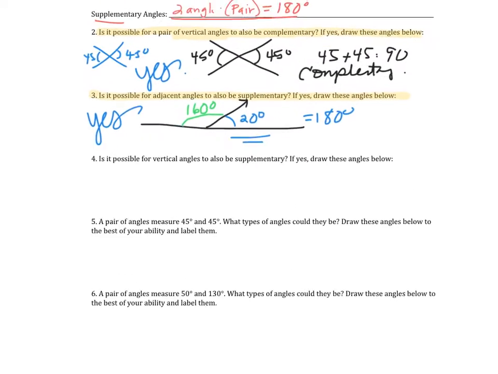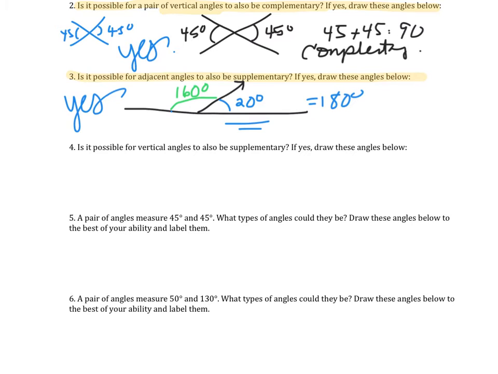Okay. Is it possible for vertical angles to also be supplementary? If yes, draw them below. Well, two vertical angles that equal 90 degrees or 180 degrees have to be equal. It would be an angle like this.